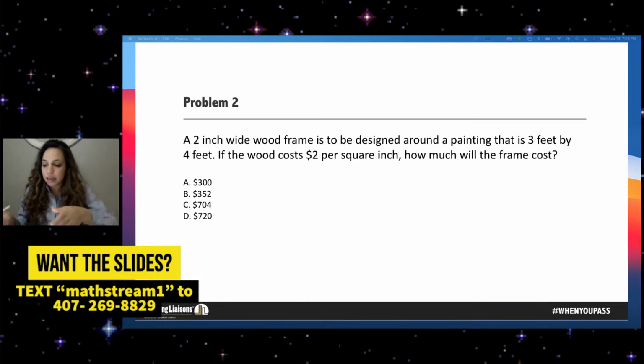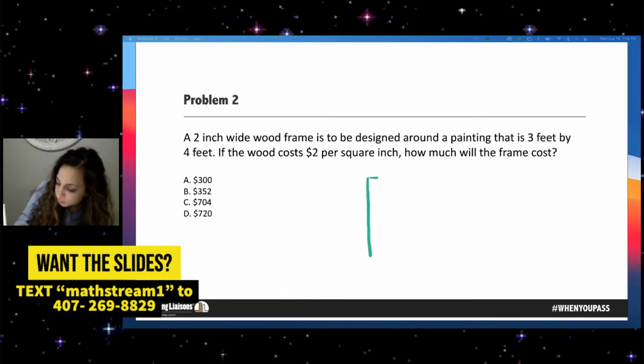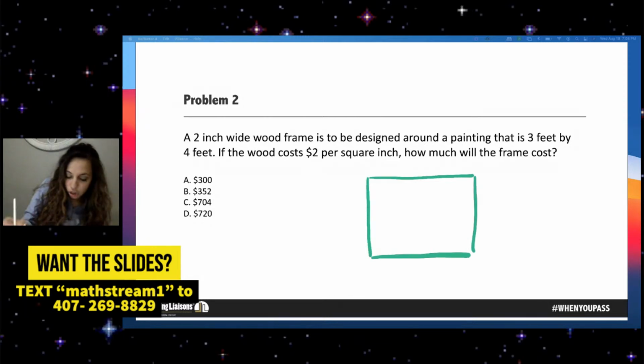So in this case, we have a 2-inch wide wood frame that's being designed around a painting that is 3 feet by 4 feet. Let's go ahead and draw a picture of what this looks like, because anytime we're doing a problem like this that's geometry related, it's always good to draw a picture. So we have a painting that is 3 feet by 4 feet.